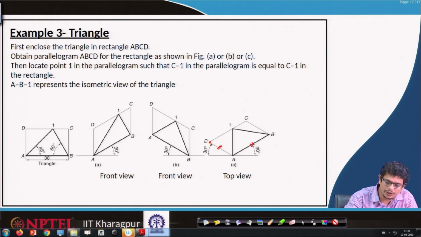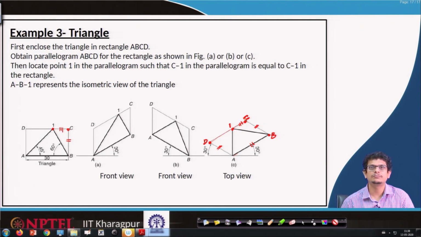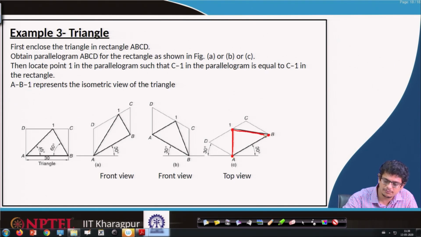Once we transfer that, we know these points B and D. Now, parallel to the AB line, draw one more line at a distance of BC. So, we have point C. Now, transfer 1 to C length from C to 1 here. Once it is done, connect points A, B and 1. In the top view, we have that isometric projection.